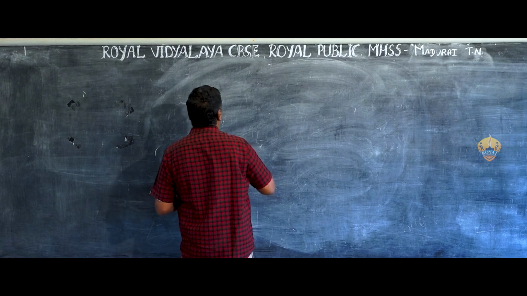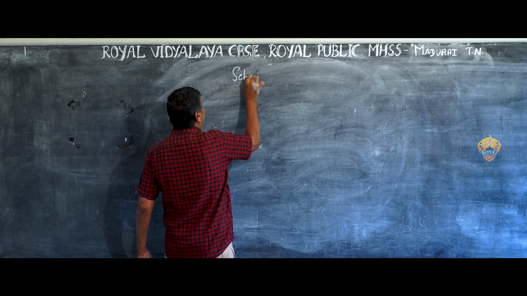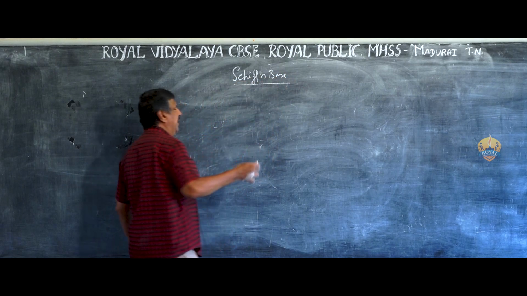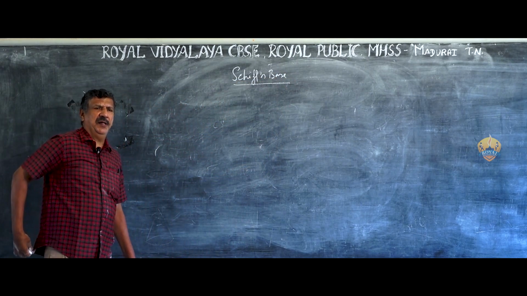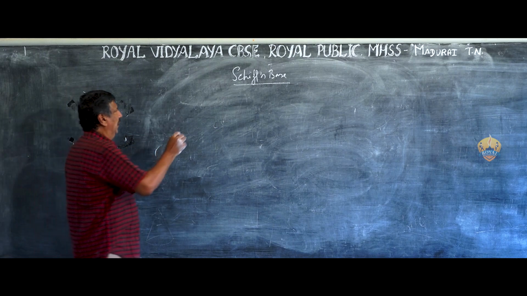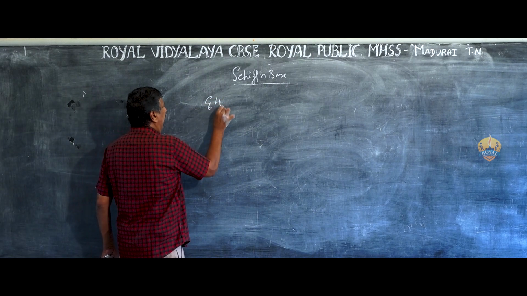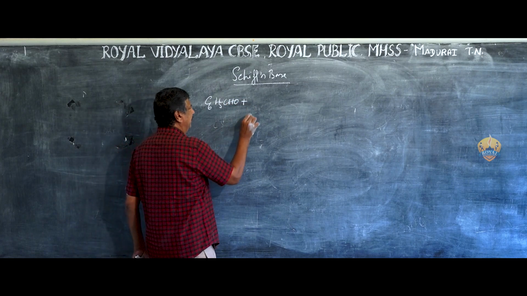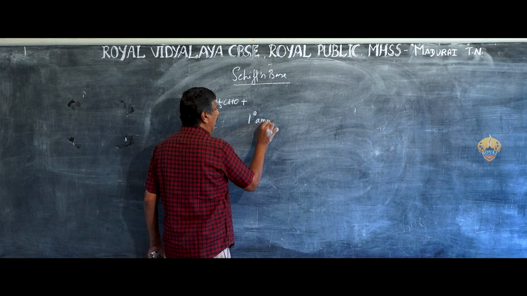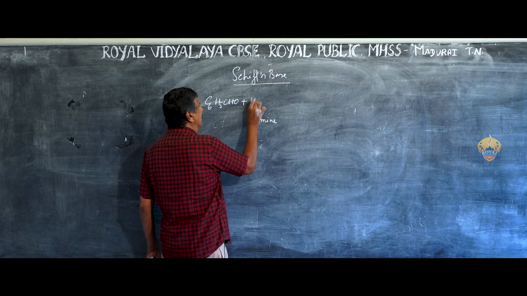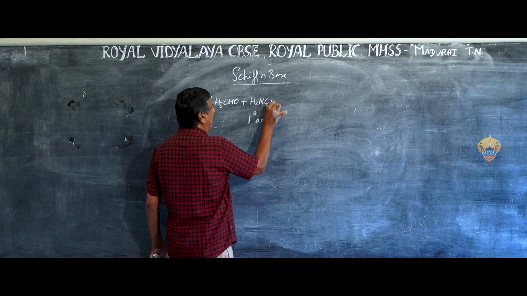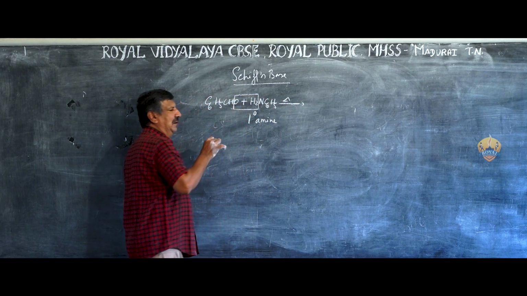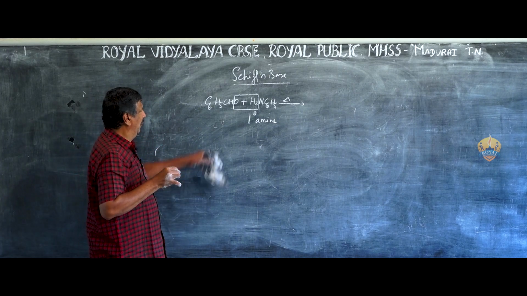Next one is Schiff base. Schiff base means you should take an aldehyde like benzaldehyde with any primary amine, but I am choosing aniline for my convenience. So, what will be the product? You see what's here?